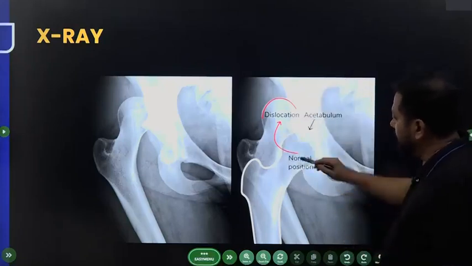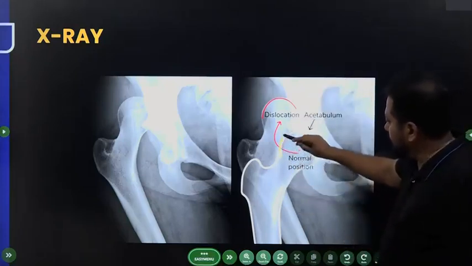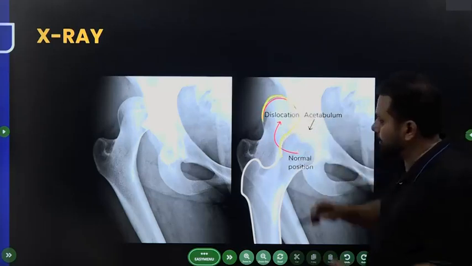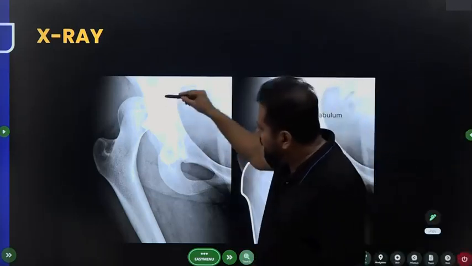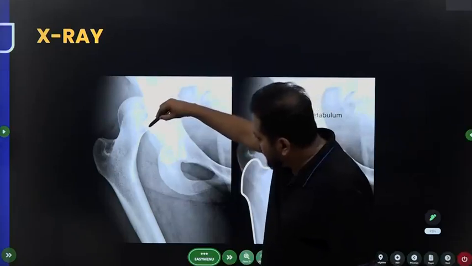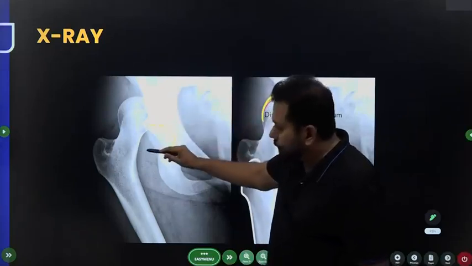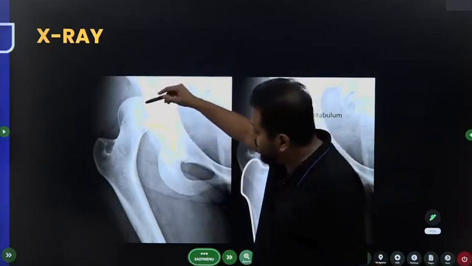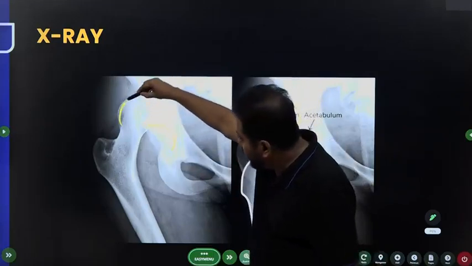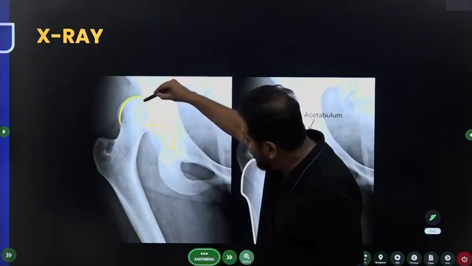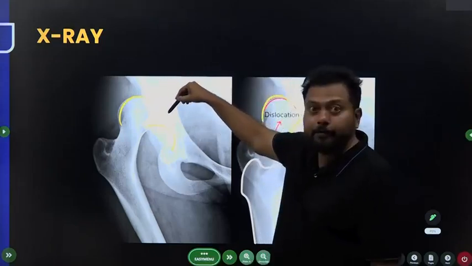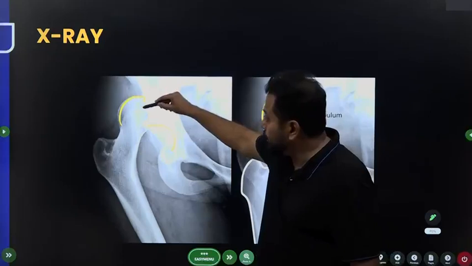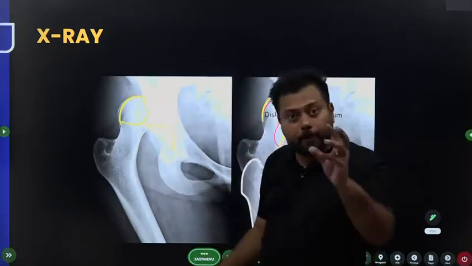What happened in hip dislocation? It has gone high above, posterior. You see in a real X-ray, this is your acetabulum. The head has overridden and it is behind the acetabulum, so only a part of the head is seen. The rest is behind the pelvis. So the head appears very small.